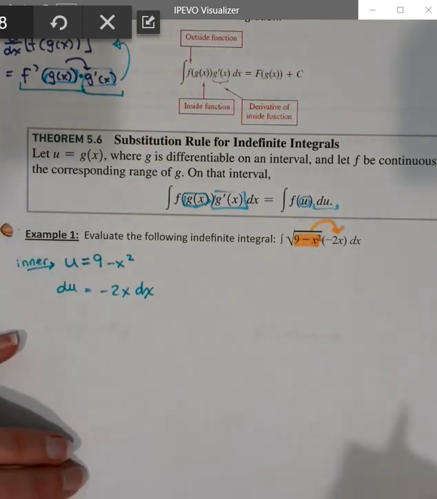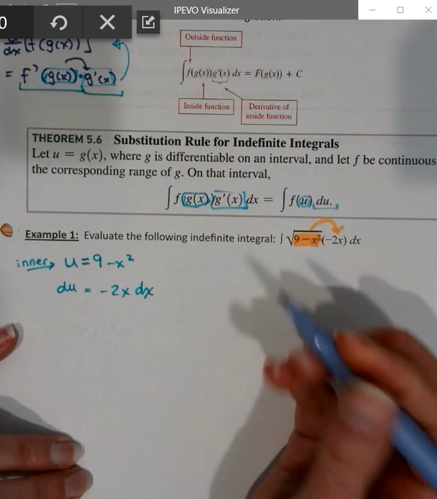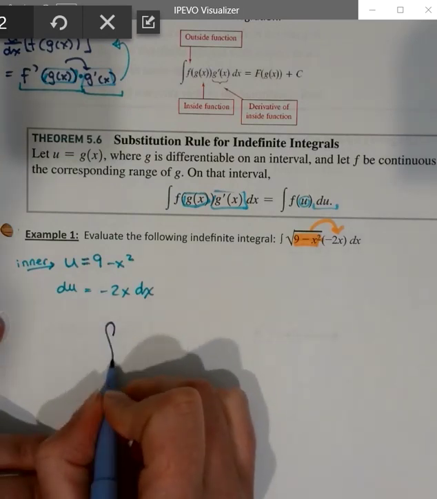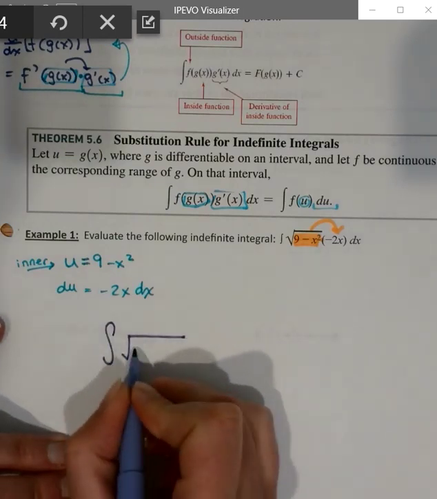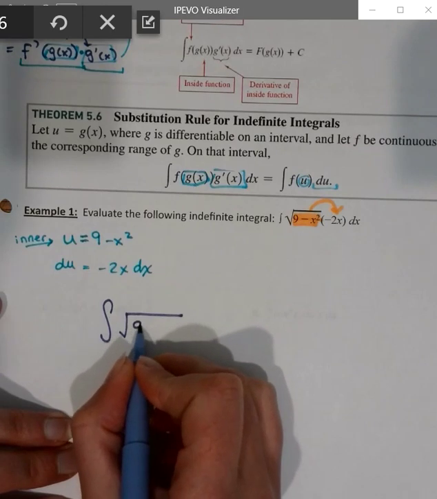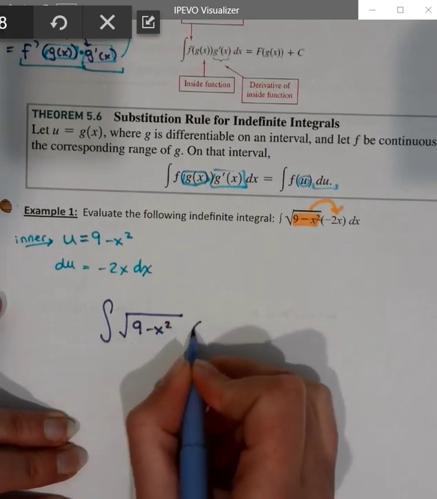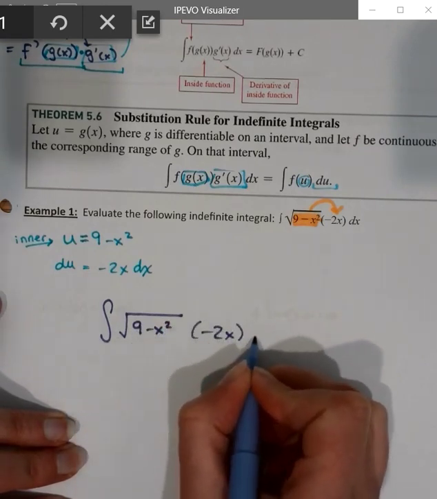Now what we're going to do is replace. So if we rewrite our original here, the integral of the square root of 9 minus x squared times negative 2x dx.